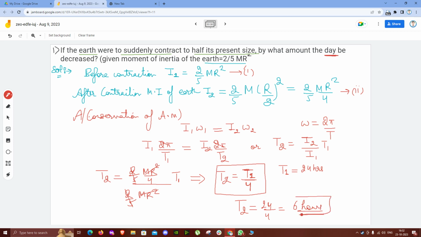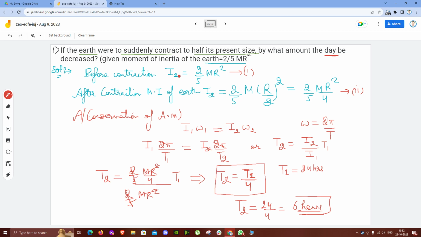So see, it's very interesting. If you decrease the size of the Earth to half of what it is presently, the day will become only 6 hours. See how this impacts, and we have proven it right now and observed it by using the law of conservation of angular momentum.